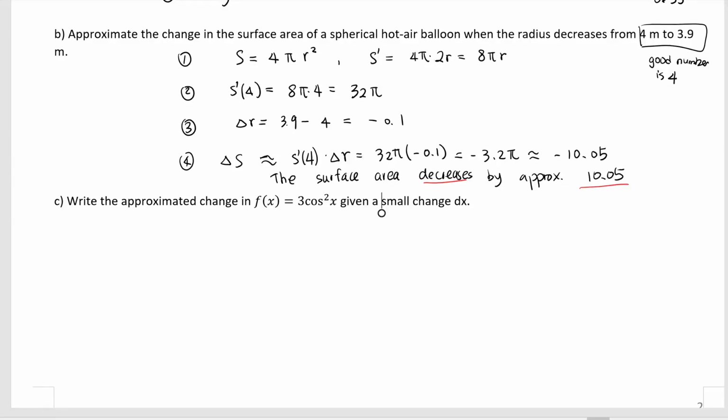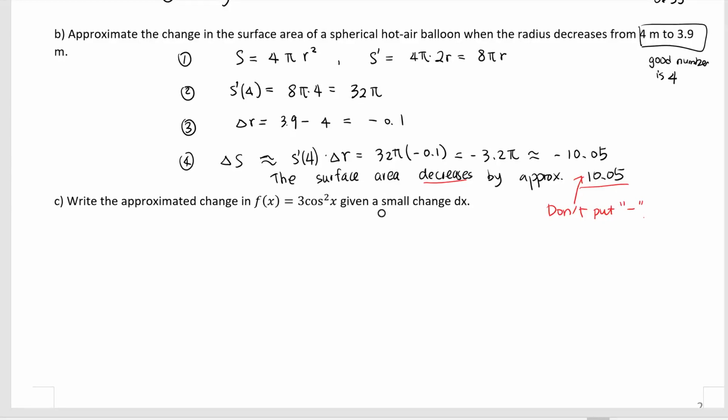So when you say decrease, don't put a minus sign here. Because if you decrease a negative number, it's actually increasing, making it positive. Okay, so that is part B.